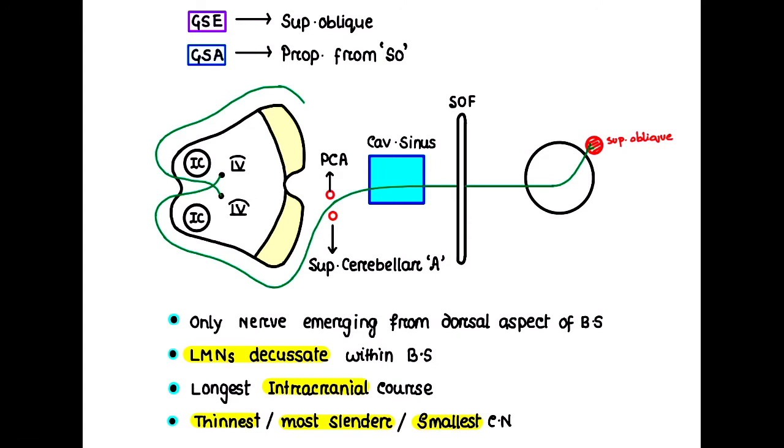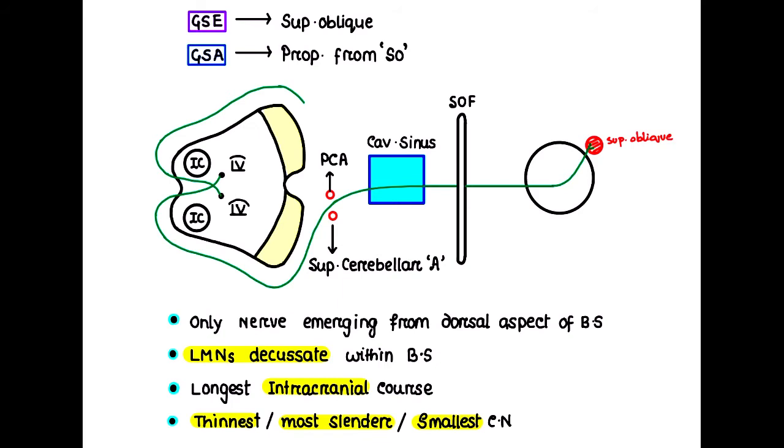After that it goes through the superior orbital fissure, enters the orbital cavity, and supplies the superior oblique muscle of the eyeball.